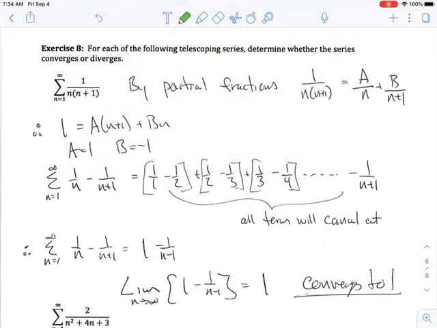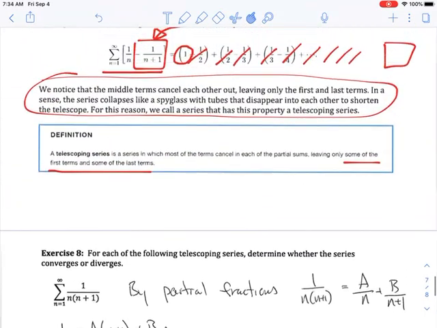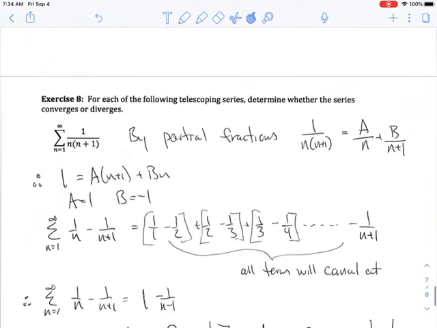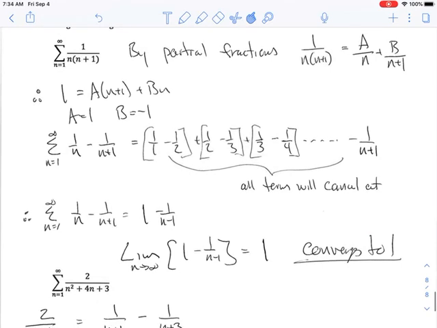So this is the one that we just did. We're just looking at it here. So I'm kind of just going through and doing it. So by partial fractions, we know that we end up with this. And so B is equal to negative A. So we end up with what we've already taken a look at.